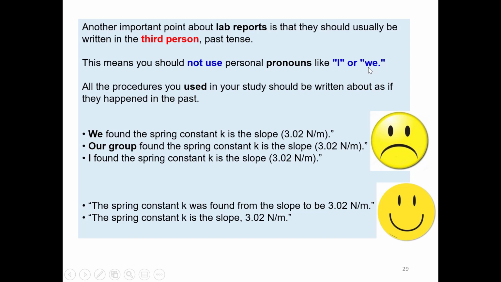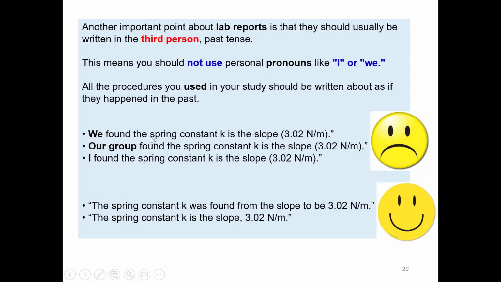And all procedures you use in your study should be written about as if they happened in the past. For example, how you should not write: We found is not correct. Our group, I found is not right. I don't want to see these three words in the lab report: we, our group, I.